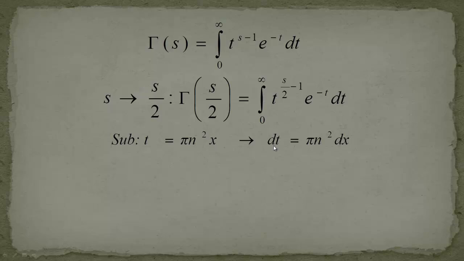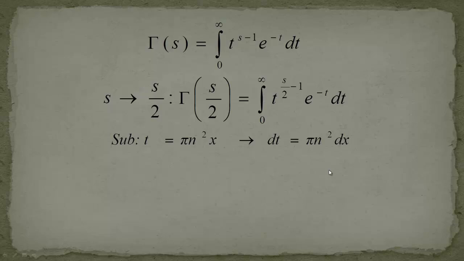Now in the next step we will implicitly differentiate this. On the left hand side we get dt, on the right hand side we get pi n squared dx. In order to find this, you could simply differentiate t with respect to x, and you would get dt/dx, which would be just pi n squared, and multiplied with dx you would get this.